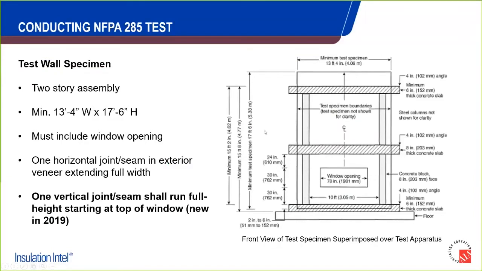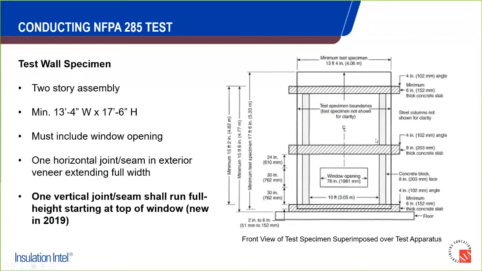The test wall specimen is a two-story assembly. It has these characteristics, heights and widths. It has to include a window opening. Without that, there's no point in having the test, because it's really just an interior fire test then. It also has to include a horizontal joint in the exterior veneer extending the entire width.